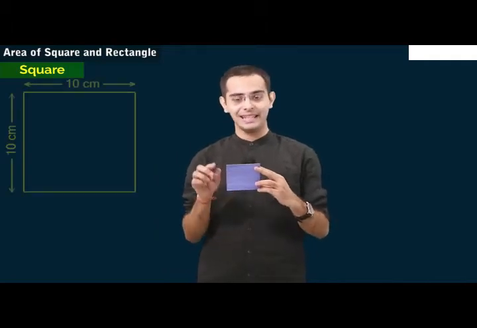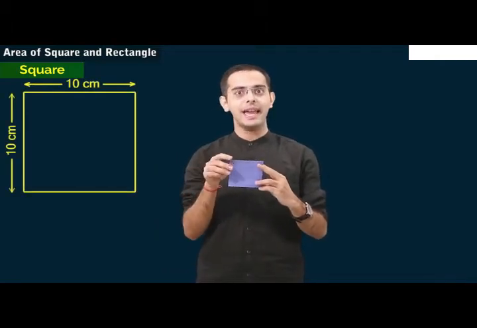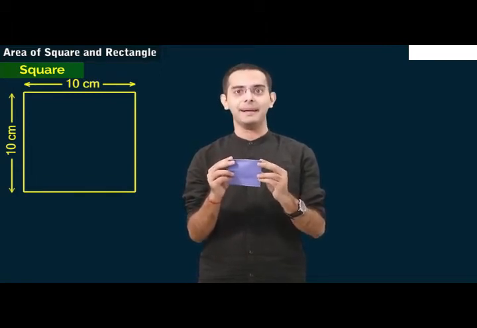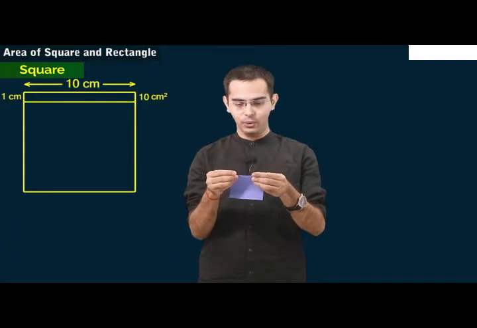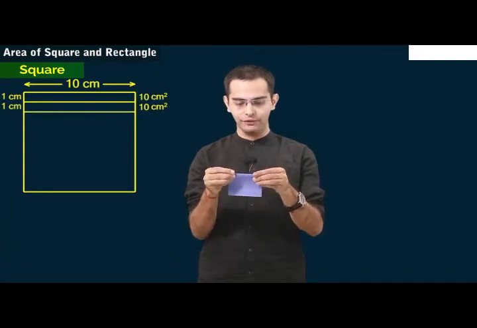And now we are going to find out the area of the square. So how do we find out the area of the square shaped paper? Yes, so we are going to use the same method of folding which we used earlier. So we have this length of 10 centimeters, and now we are going to fold this paper of 10 centimeter length 10 times. And by doing so, we are going to reach the end of this paper.